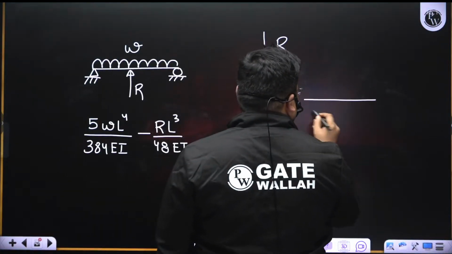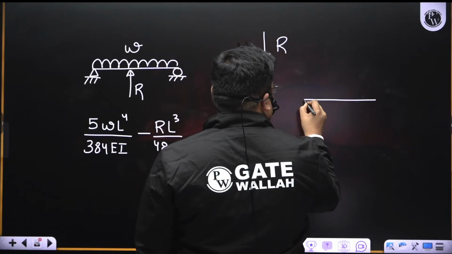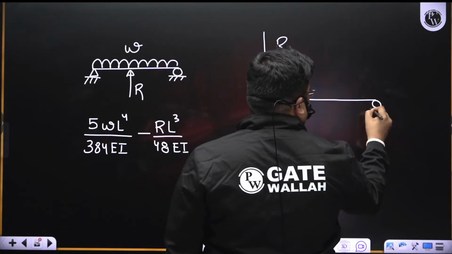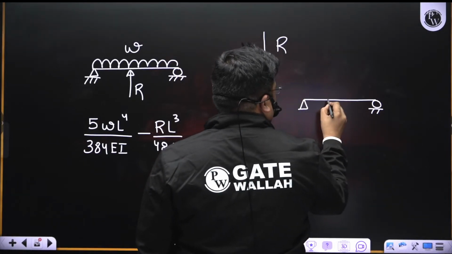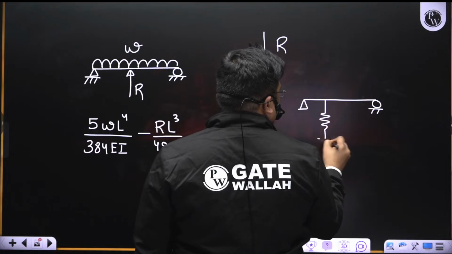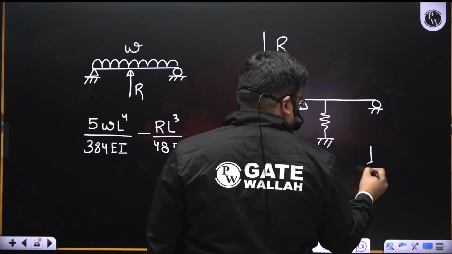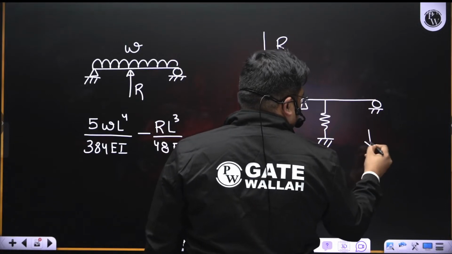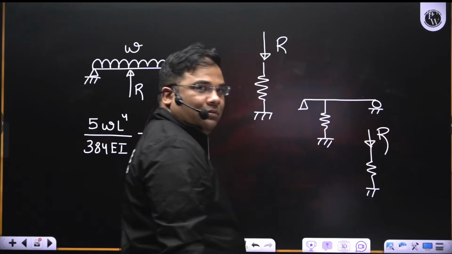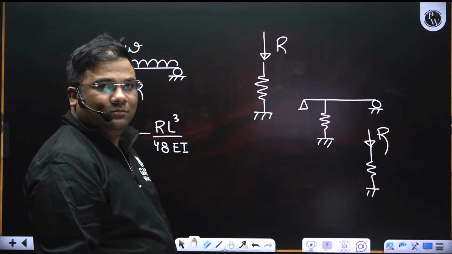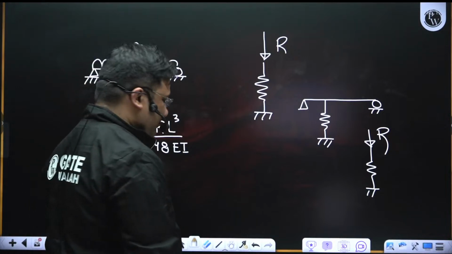See, suppose I put a spring here. For the spring it will always be this only. For the spring it is always R. Okay, leave it.